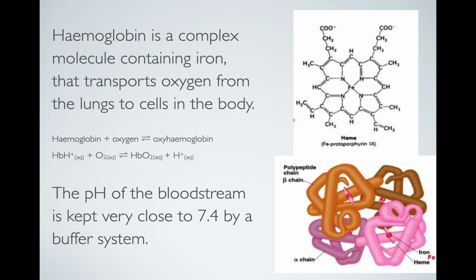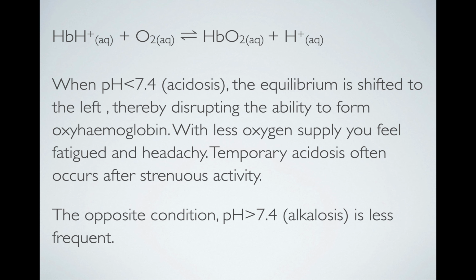It is maintained by our buffer system, but it causes us to breathe more heavily. One of the signals that goes to our brain is the pH of our blood in this buffer system. It tells us when to breathe. When we're doing strenuous activity, the pH gets too low, and our brain says you need some more oxygen, you need less carbon dioxide, so you need to breathe out more.